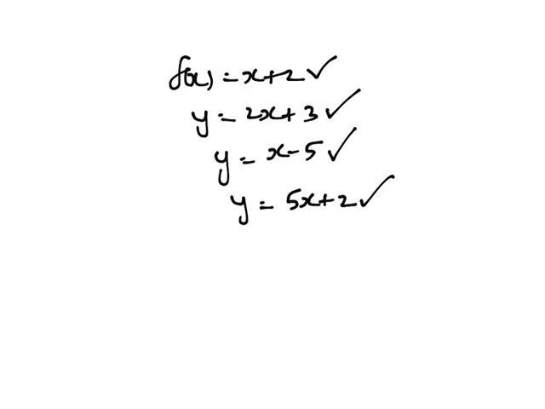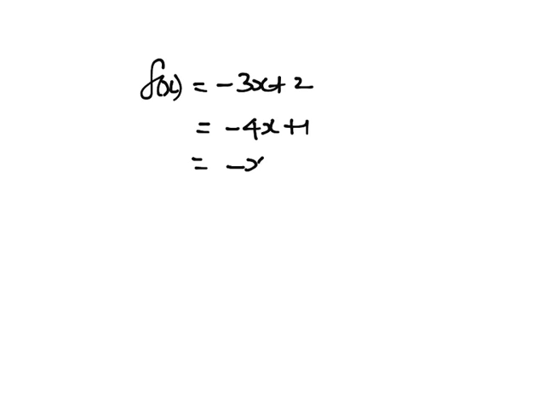So whenever the slope is positive, that linear function will be an increasing function throughout. In the same way, when you get a linear function with a negative slope, let's say minus 3x plus 2, or f of x equal to minus 4x plus 1, or minus x plus 3, or 5 minus x, you can see the slopes are negative.